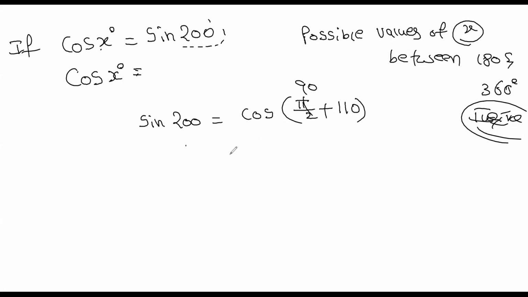If you want to convert cos to sine, it has to be 270, so 270 minus 70 degrees. Here also if you convert, you will get minus. So we can't write this one.